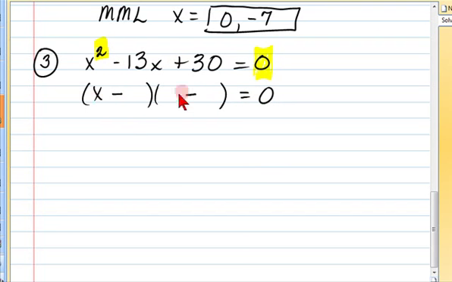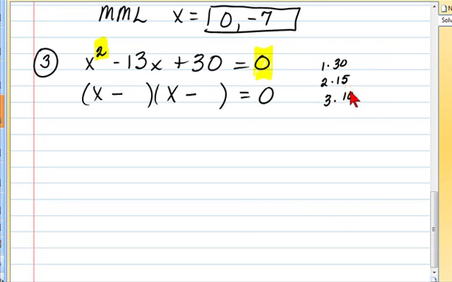I'm going to have an x and an x. I need factors of 30 that add up to be 13. It's 10 and 3. Now, you could have looked at, is it 1 times 30? No. Is it 2 times 15? No. Is it 3 times 10? Yes.